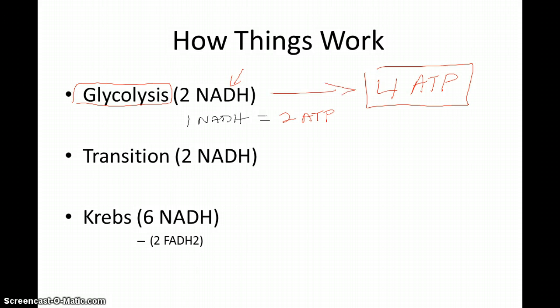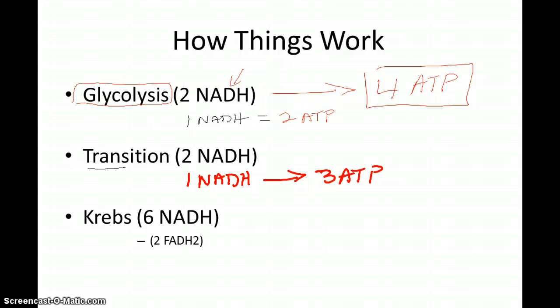Now from transition, each NADH yields 3 ATP in the most efficient cells. So 3 ATP from one NADH from transition, which makes a total of 6 ATP.